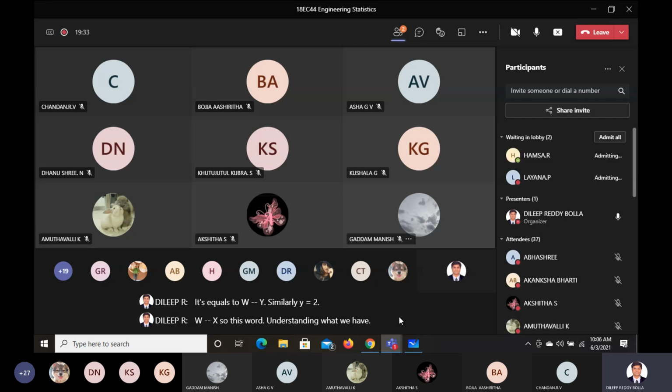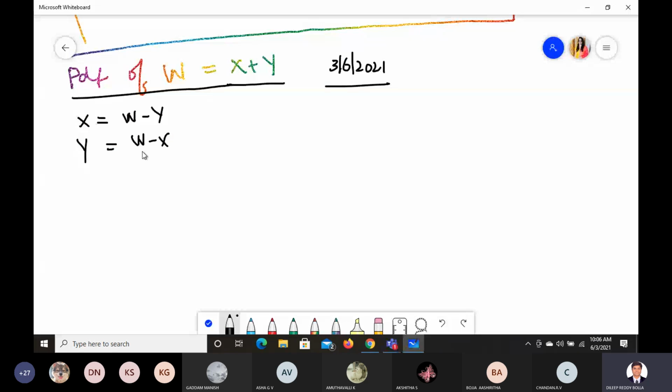Correct? Now from this we are trying to find the PDF. If you want to find a PDF, it is small f. For x we write f of x, for w we write f of w. So we have to find the corresponding fW of w.